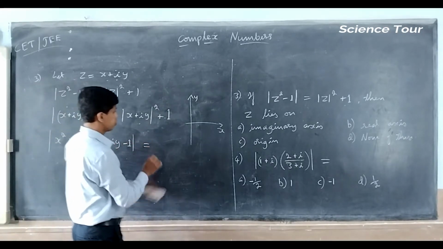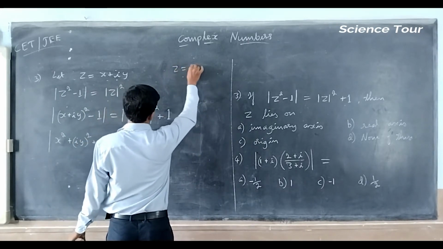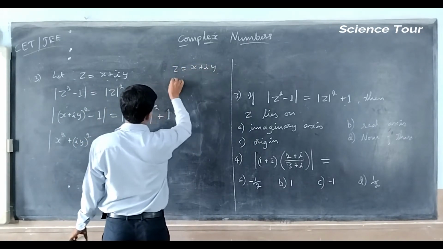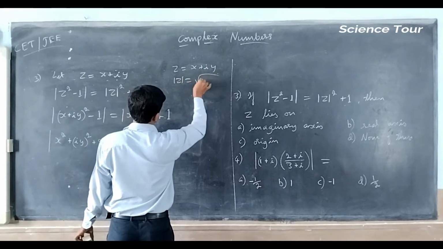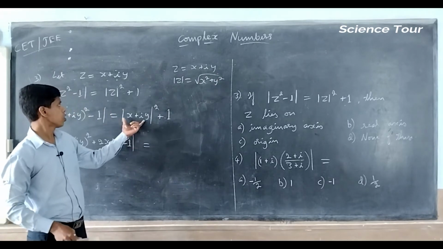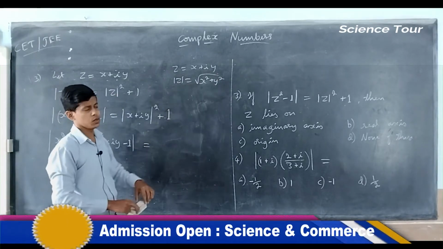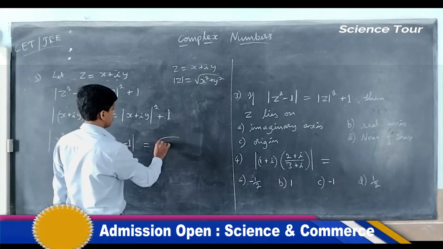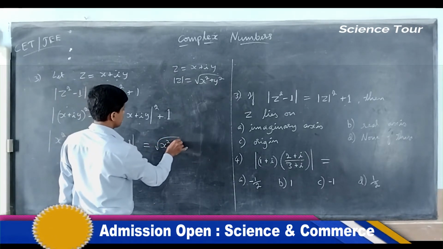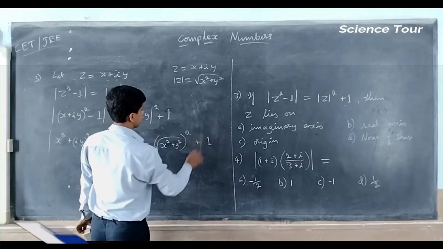That's equal to, now what is the modulus of z? The modulus of x plus iy is the square root of x square plus y square, and then I have the whole square and then plus 1.